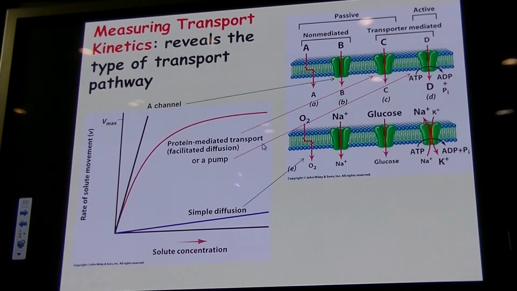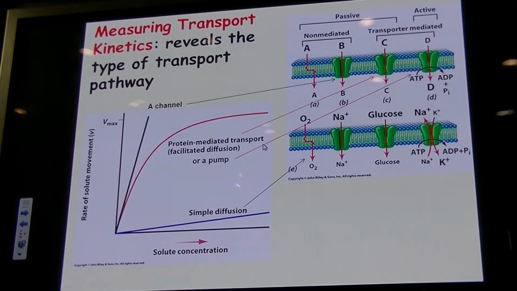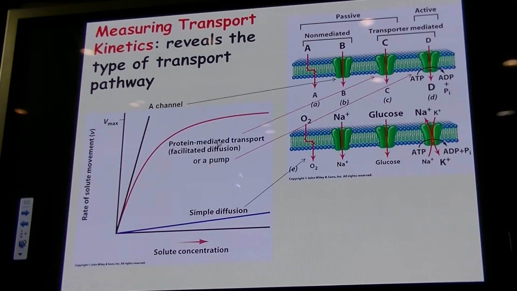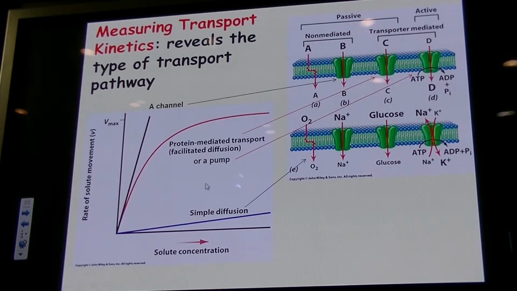As if you're loading capacity for the seats in the boat, and then with more passengers you can move more people across as long as you have the loading capacity. Similar to enzymes, so there's a saturation for some transports. So the type of curve that you get tells you a lot about the transport pathway.